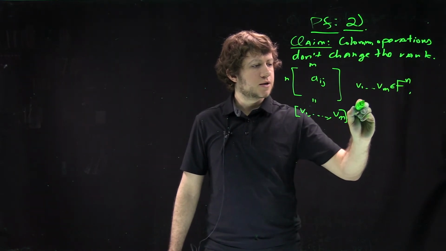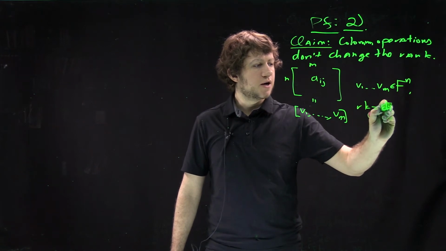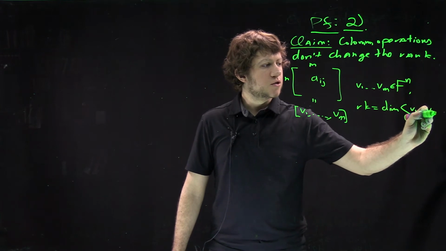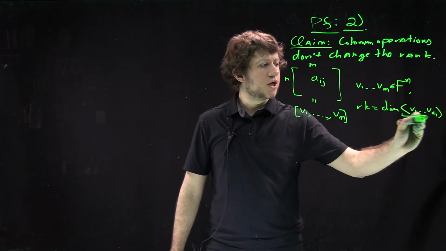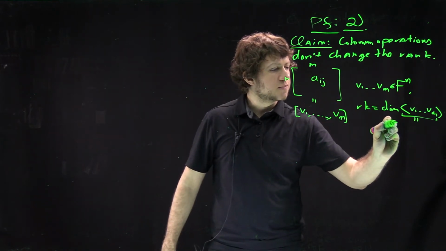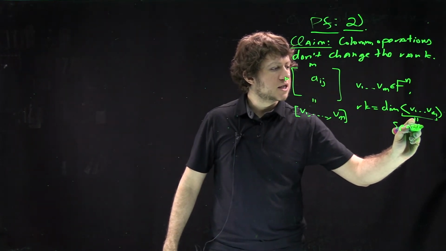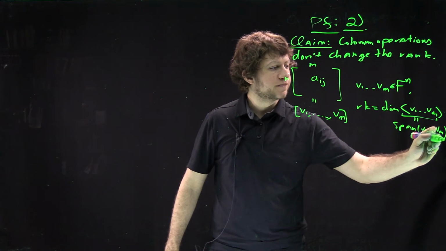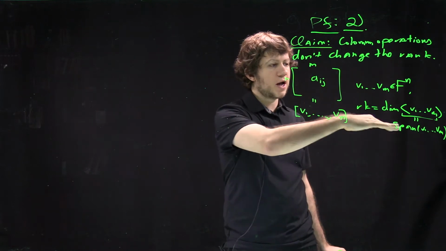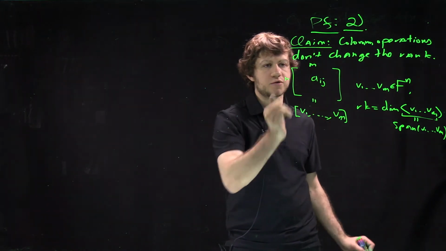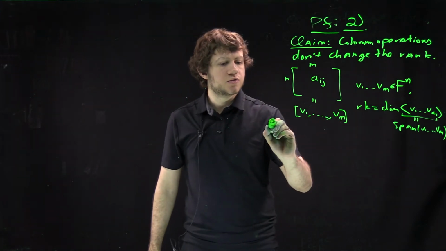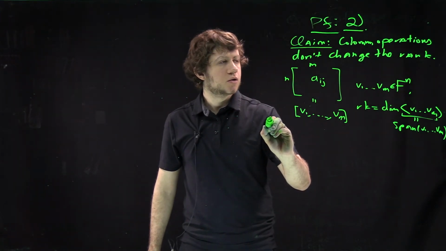And then the rank is, as we defined it, the dimension of the span of v1 up to vm. By the way, this is just notation with left and right angle brackets for the span, the subset generated by these vectors. Cool. So we have this rank. So why does it not change under elementary operations? Let's take, for instance, elementary operation column 1.